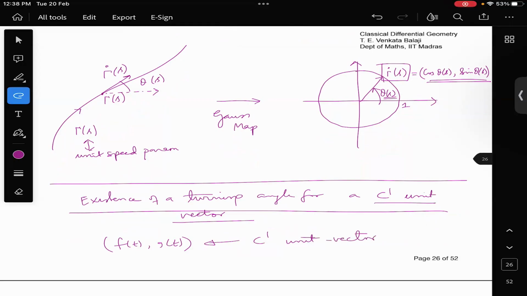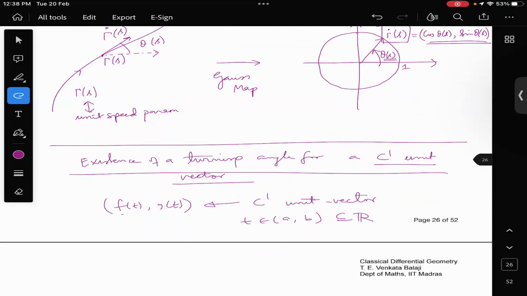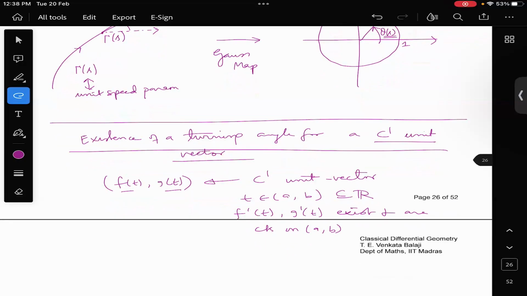That means that t is varying on some interval [a, b] on the real line, and C1 means f and g are continuously differentiable, okay. So f'(t) and g'(t) exist and are continuous on [a, b]. That is the assumption, and it's also a unit vector.